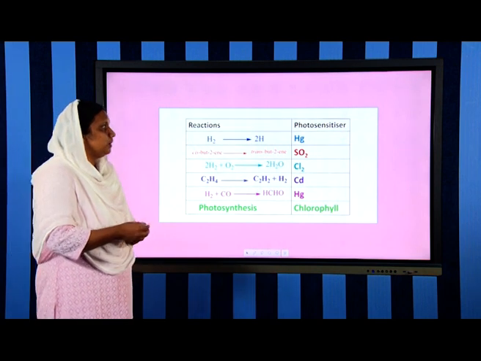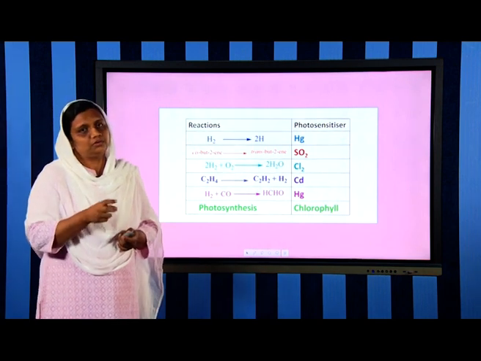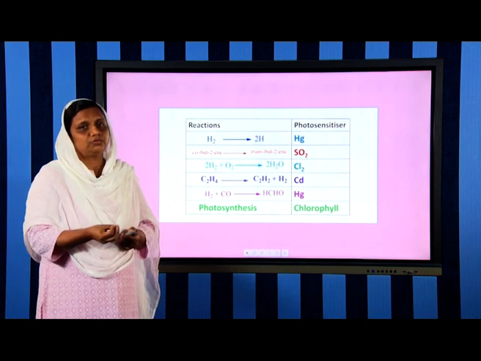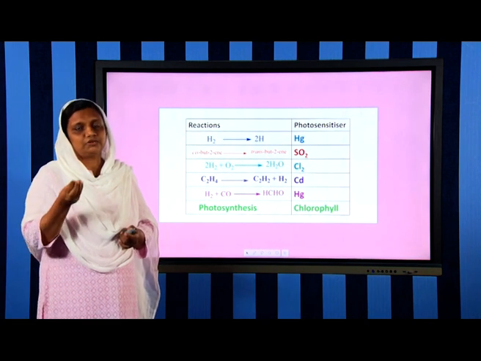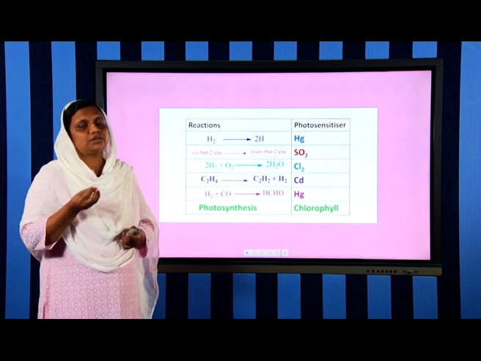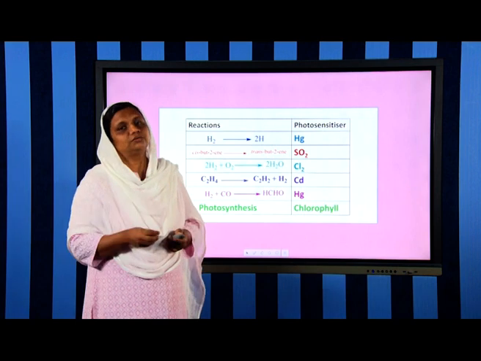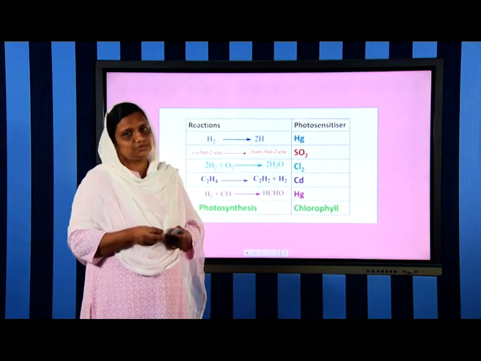And remember, not every donor molecule or photosensitizer will be useful to carry out every reaction. Each reaction has its own sensitizer.